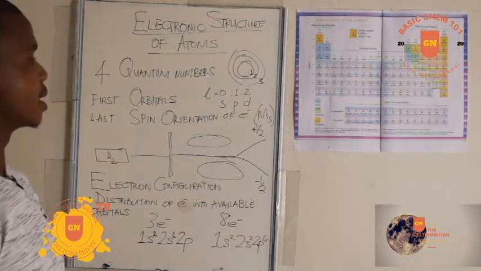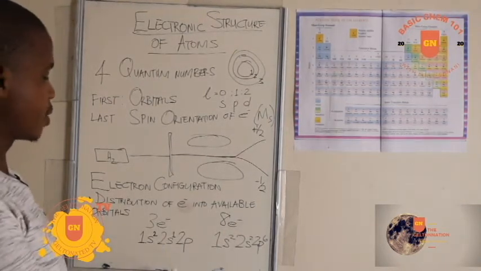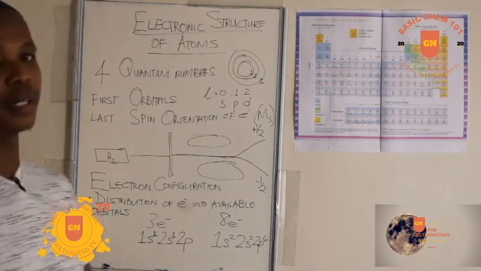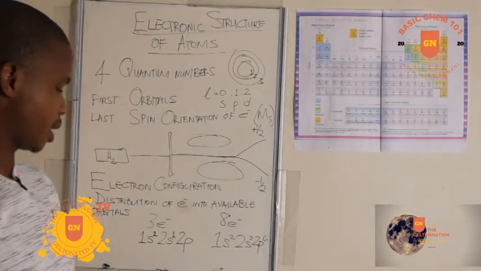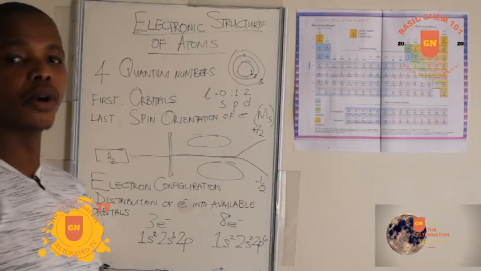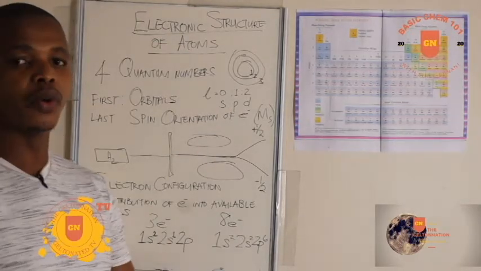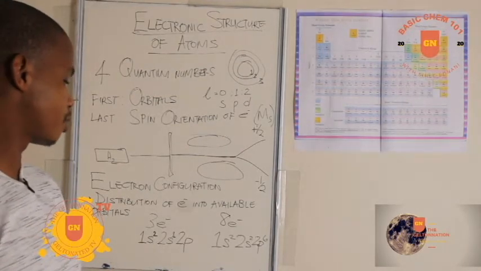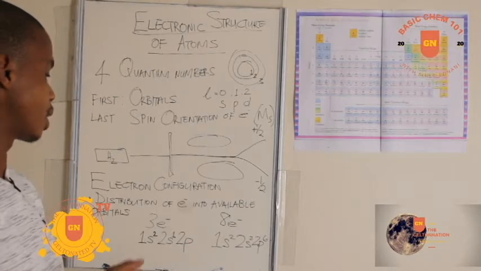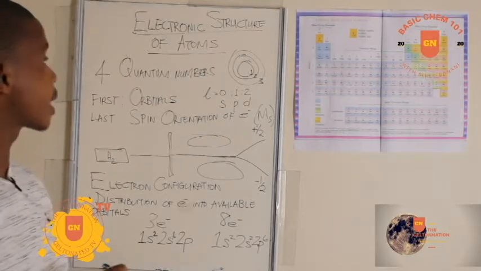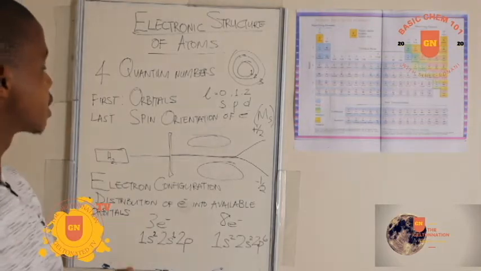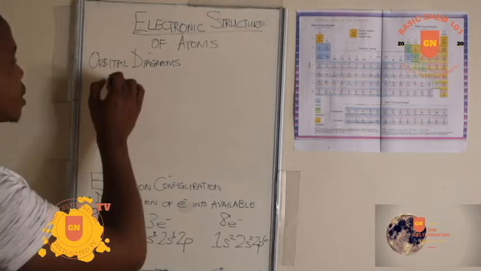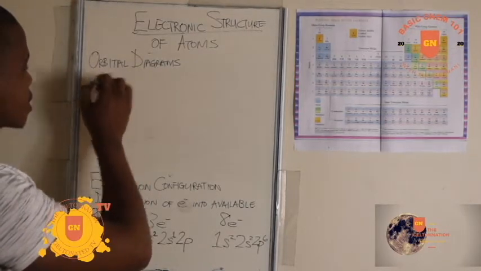But now these subshells, your s, your p, or your d subshells, also have their own suborbitals. Now you would want to know how these electrons would be distributed in those suborbitals of a particular atom, and for that you will be talking about orbital diagrams. Now let's erase some of this. If you look at orbital diagrams, you would draw these orbitals as circles.